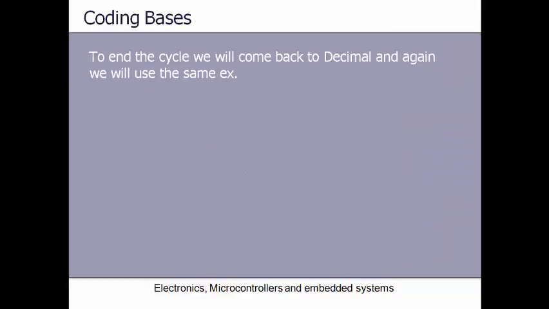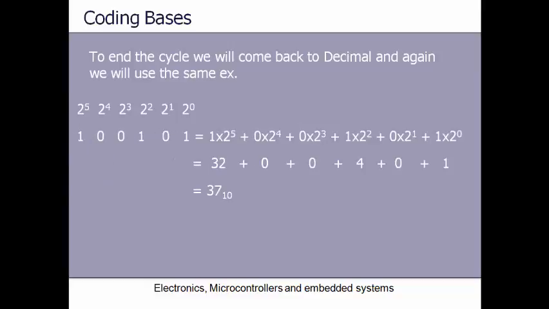And now to continue the cycle, we will come back to decimal from binary. We say that the last one is the least significant bit, which means 2 power 0, and as we go to the left, the power grows.